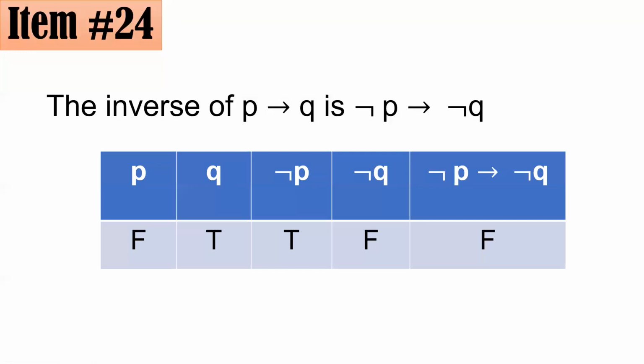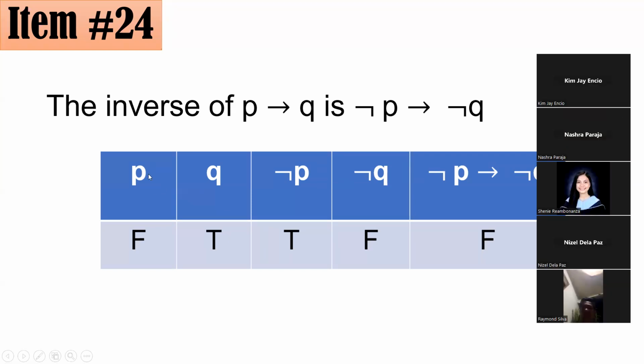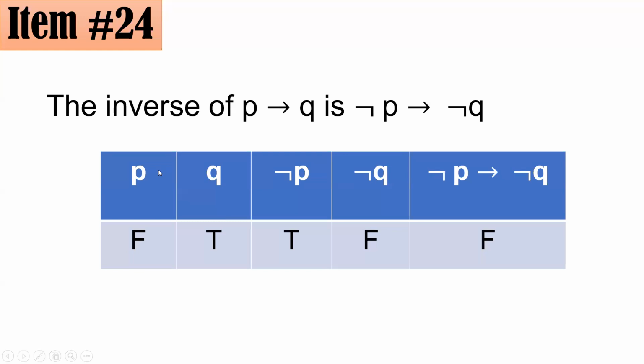Now, ito po siya. Kung P implies Q, sabi false yung premise or yung hypothesis, true ang conclusion natin. Now, ano po yung negation ng not P? Kung false siya, yung negation niya, true na. That's why if P here is false, then the negation, not P, is true.